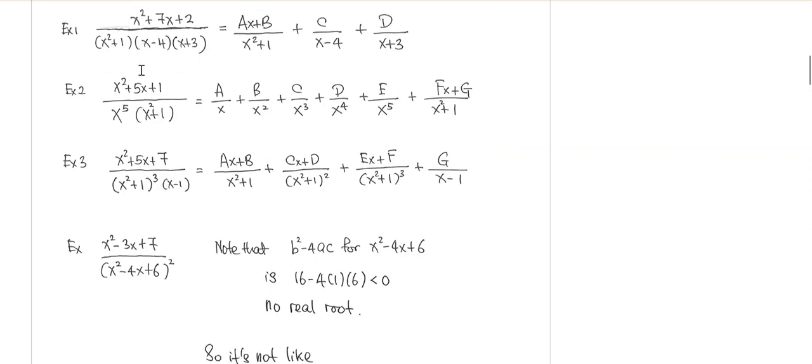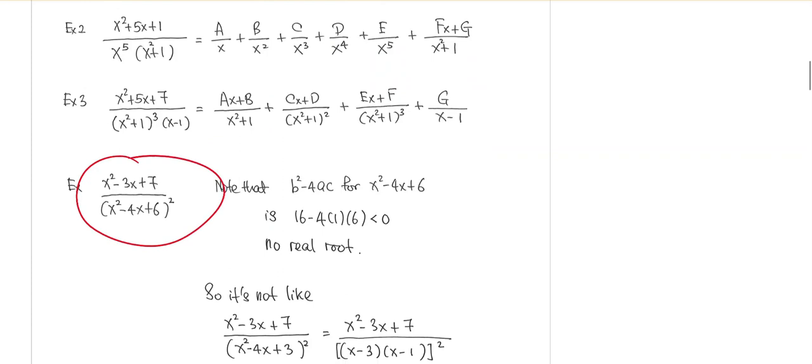Okay, so let's look at this particular example here: x squared minus 3x plus 7 over x squared minus 4x plus 6, bracket squared. Now you have to be very careful about whether or not this term can be further reduced to something that looks like this. From high school, you know that question is equivalent to looking at the discriminant, b squared minus 4ac, and seeing whether it is positive or negative.